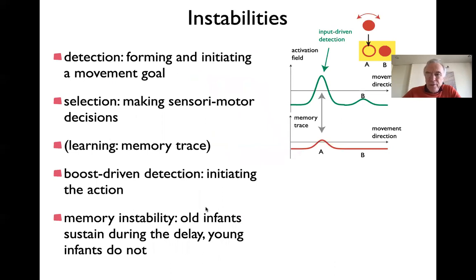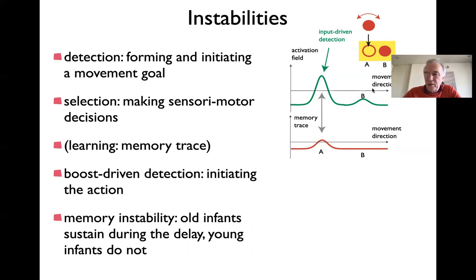And so the rough story of how this accounts for the effects. When you wave the lid or you show the toy, that will be localized input, and that would create a peak that will be essentially an input-driven detection decision, a localized input-driven detection decision that also makes effectively a selection, because you're making one peak, not the other one a peak.